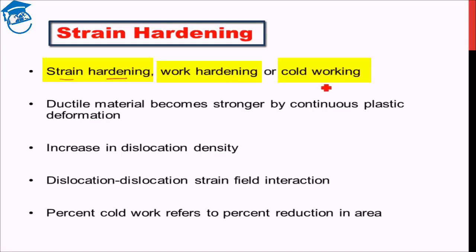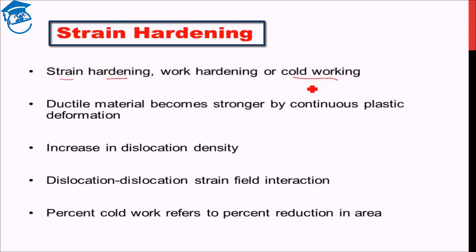Cold working, the name is a bit different from the other two. This means that the working or the deformation of the material is carried out for this process, but that deformation needs to be carried out at relatively low temperature. You cannot go at elevated temperature for strain hardening to occur. That's why cold working.